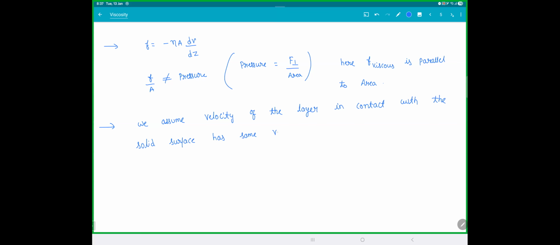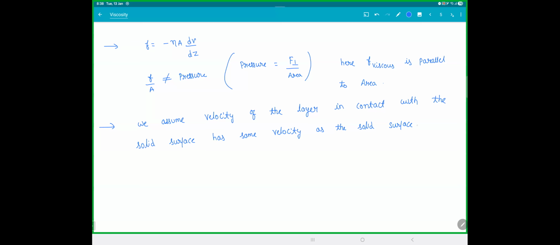That means if a plate is going at 2 meters per second, the layer which is touching that plate will also have the speed of 2 meters per second. Suppose you look at the ground, the layer which is touching the ground will have the same speed as the ground. So if the ground is at rest, then the bottommost layer will also be at rest.